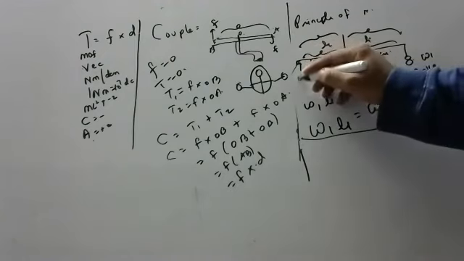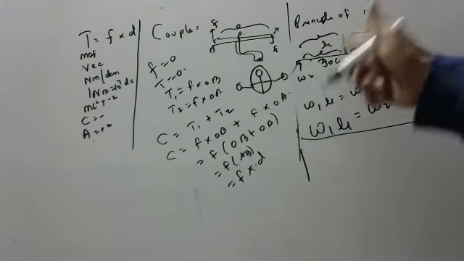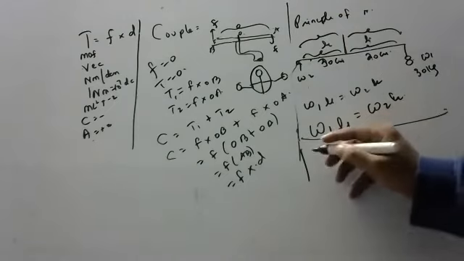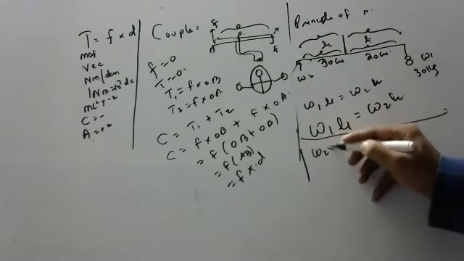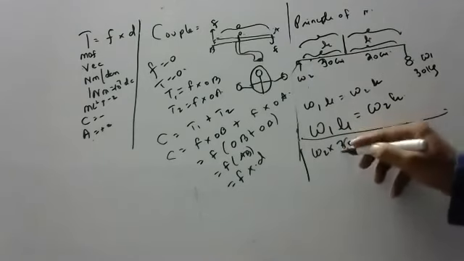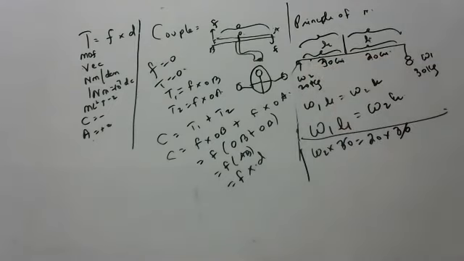At 20 centimeters, I kept 30 kgs. At 30 centimeters, I want to keep some weight. How much should I keep? So you find out: W2 into 30 is equal to 30 into 20. The 30s cancel, so W2 should be 20 kgs. If you keep 20 kgs, then it will be balanced.